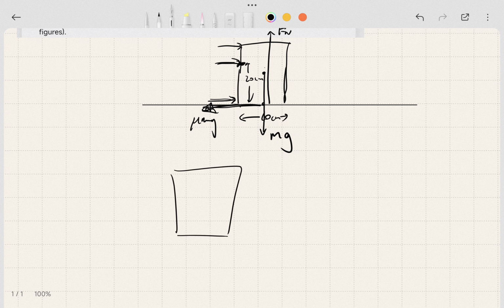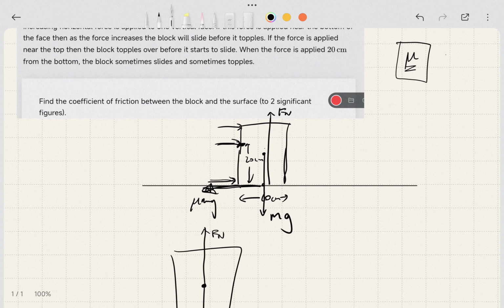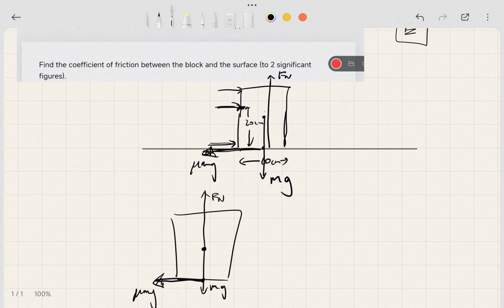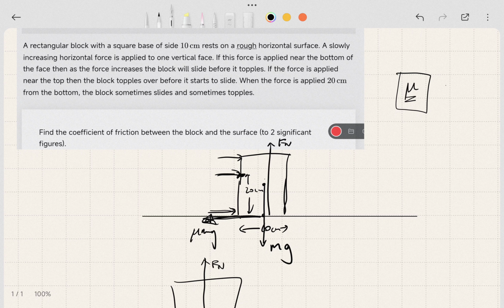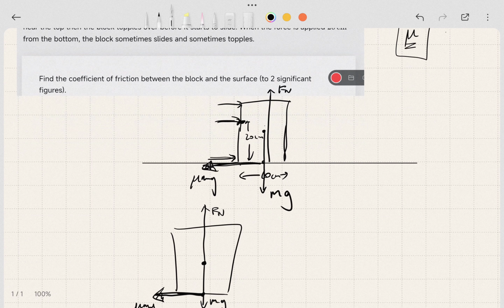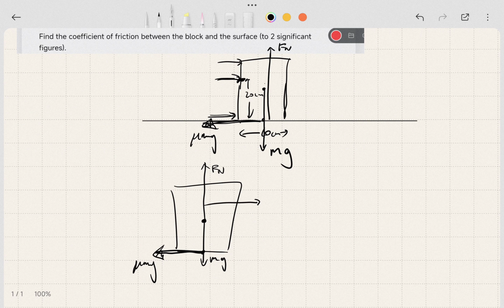So let's say this is the box and this is the center of mass, and so you have mg, which is the weight, and then you have the normal reaction force. And then here you have a frictional force, mu mg, and when the force is applied, let's say 20 centimeters from the bottom, let's say it's applied here, there is a rotation here.